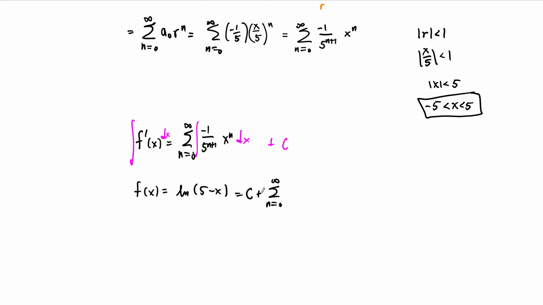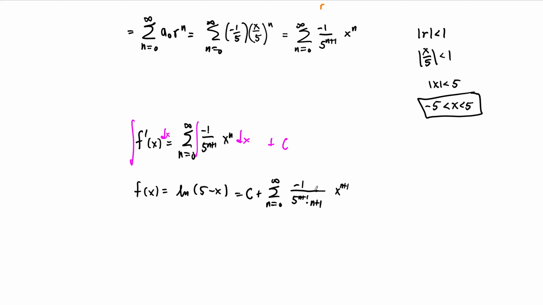So unknown constant plus the power series of the antiderivatives here, with our negative 1 over 5 to the power n plus 1. Then we have to take the antiderivative of this x term, and so this term is x to the power n plus 1 divided by that power, n plus 1.